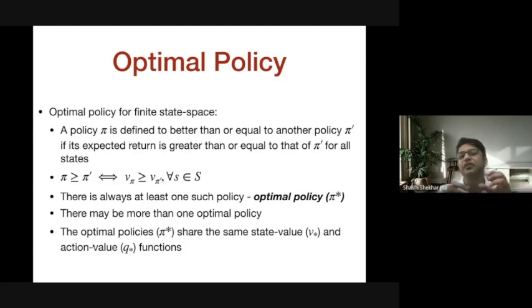So if you have two policies, pi and pi dash, we can say pi is a better policy than pi dash if and only if the value function of the states under pi is greater than the value function of the state under pi dash. Whichever policy gives better value function is a better policy, right?